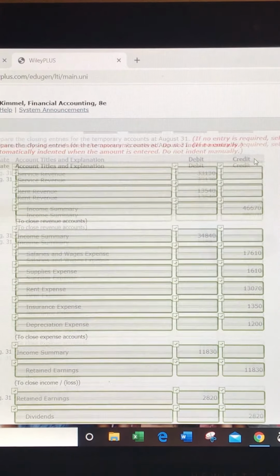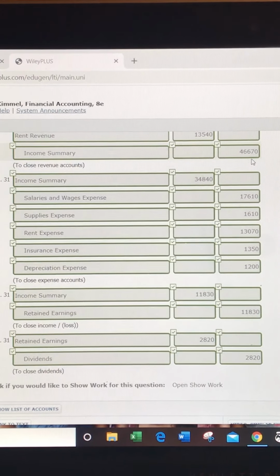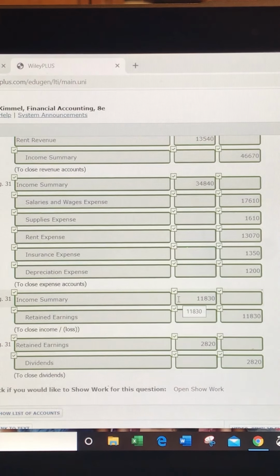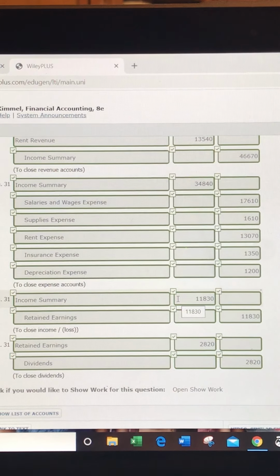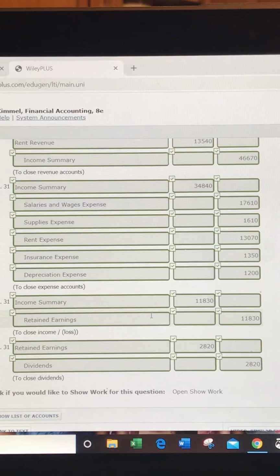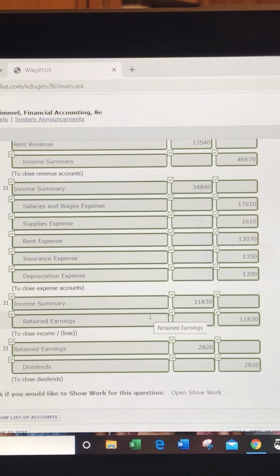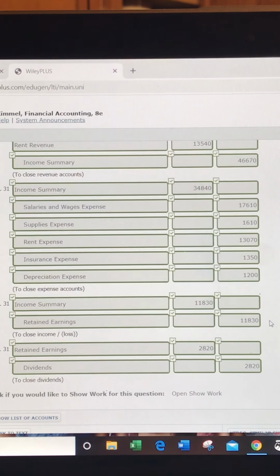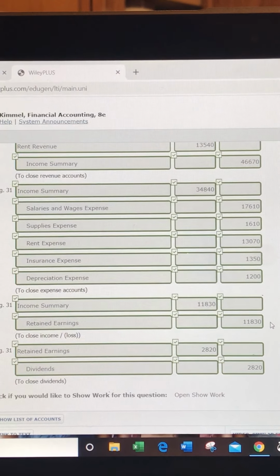That gave us a credit of $11,830, so we need to debit $11,830. We will credit the retained earnings account.